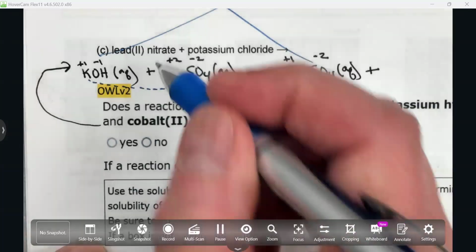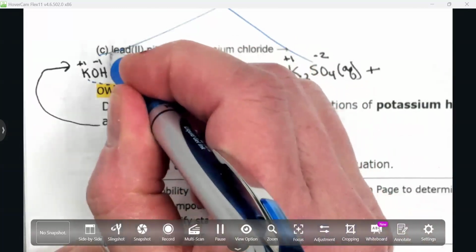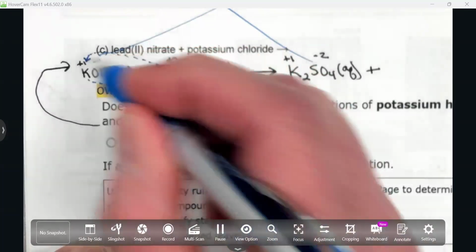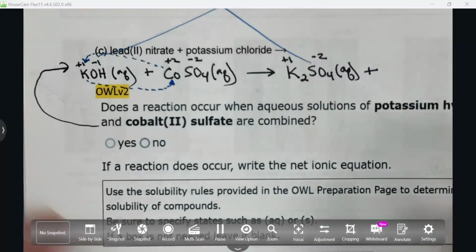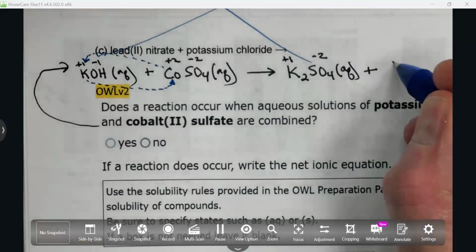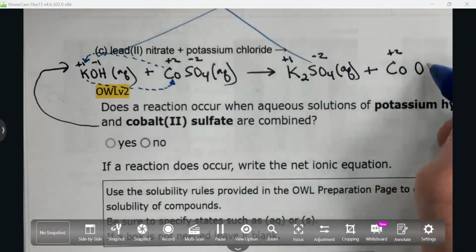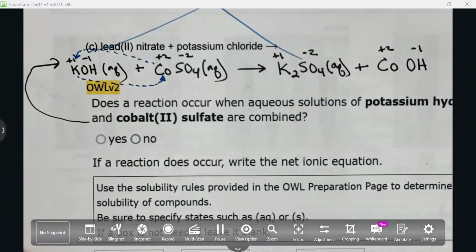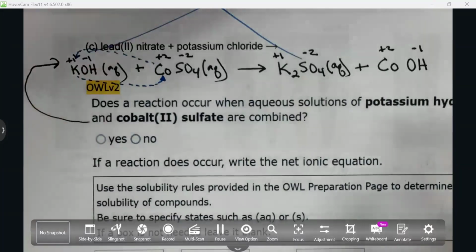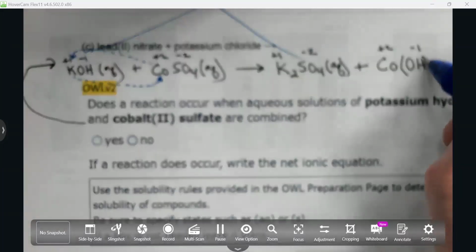And then cobalt takes the place of potassium. So we're going to need 2 hydroxides.